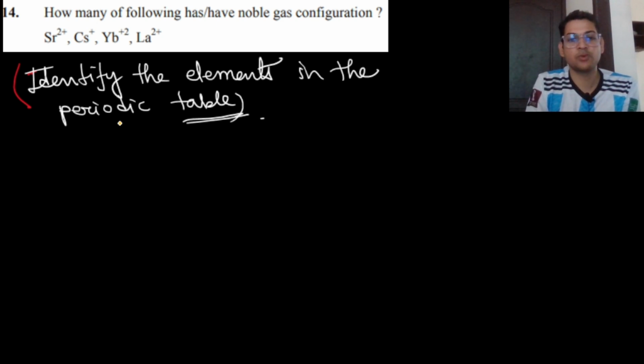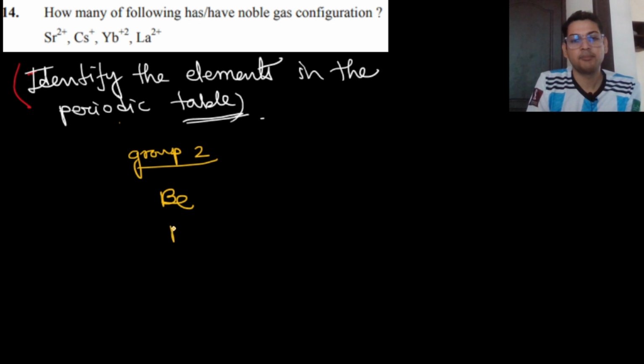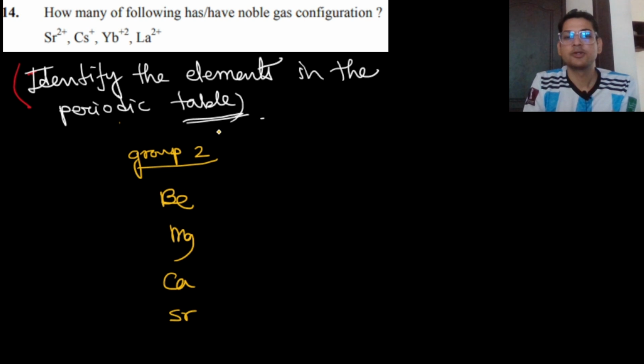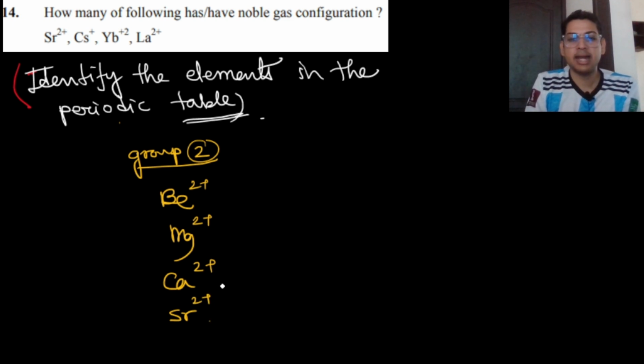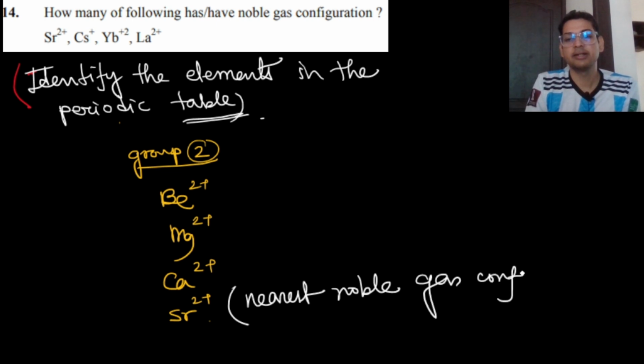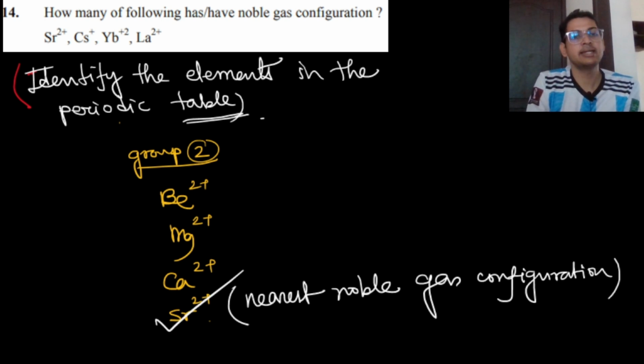Sr2+ is in group 2. You are having beryllium, magnesium, calcium, strontium. You got strontium. So group 2 means they show +2 oxidation state, and in +2 they have the nearest noble gas configuration. So Sr2+ is definitely my answer.